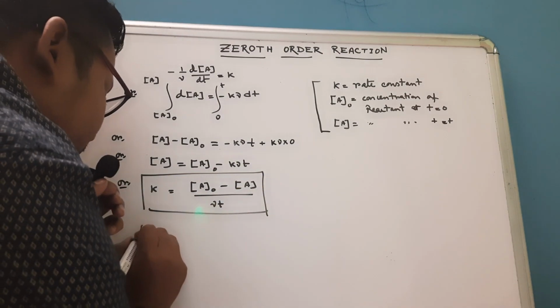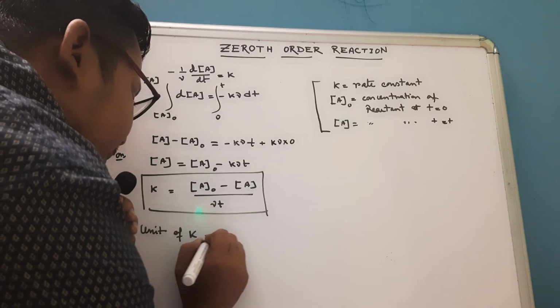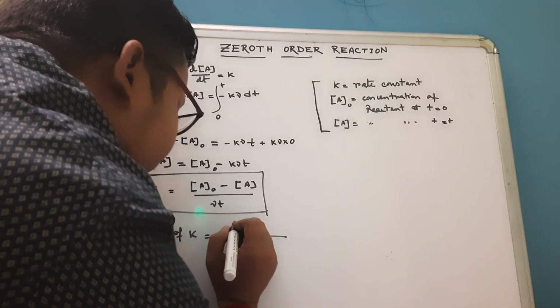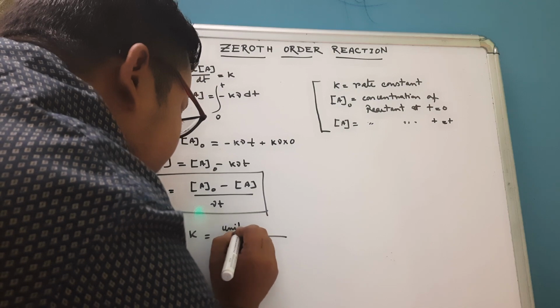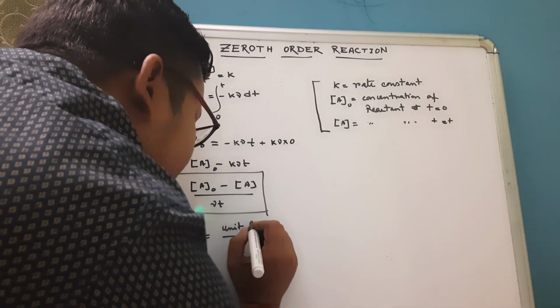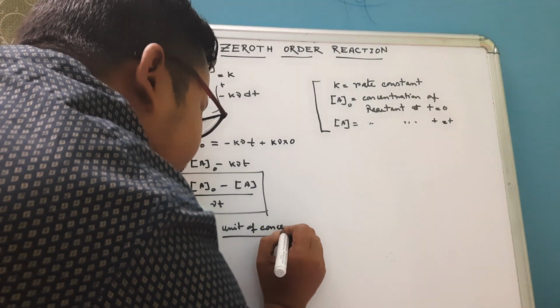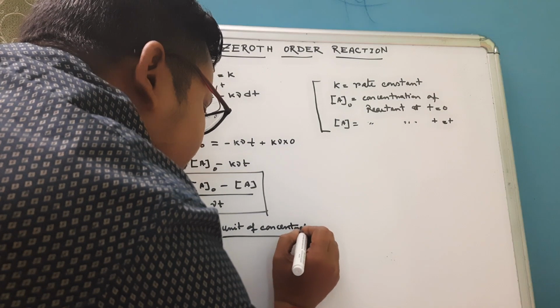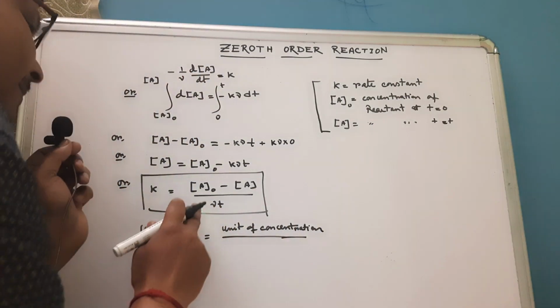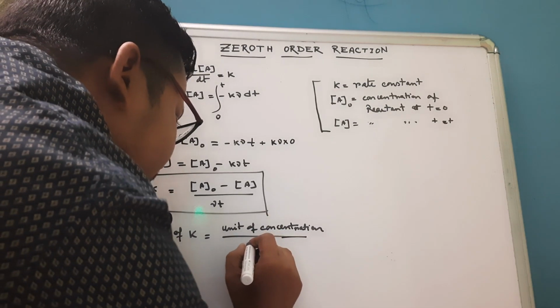And so what will be the unit of k? In the numerator, this is the difference between the two concentration terms, so this is the unit of concentration. And here nu is basically a number, so it doesn't have any unit, and the unit of time.